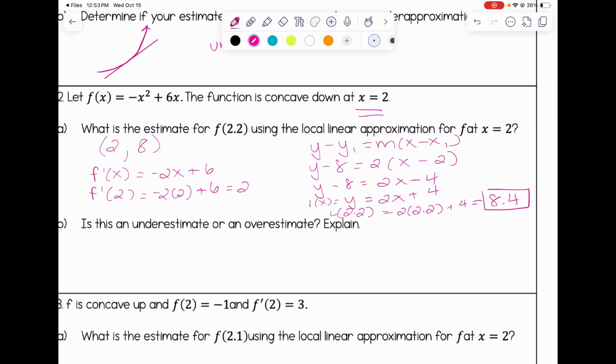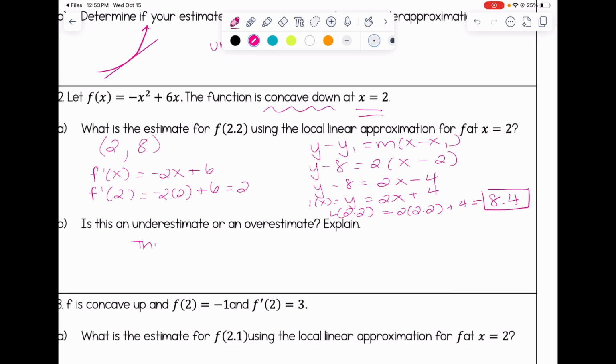So we are estimating that the output corresponding to the input of 2.2 would be 8.4. If we went to our calculator, we could compute the actual value, which would come out to 8.36. So you can see we have a little bit of an overestimate here. But I don't need my calculator to determine overestimate or underestimate, because up here it tells me that the graph is concave down.